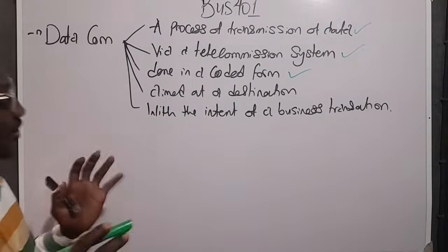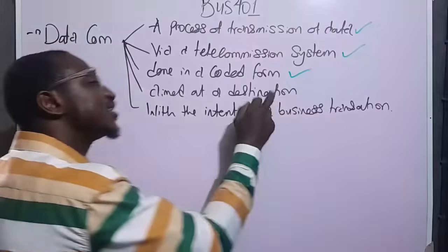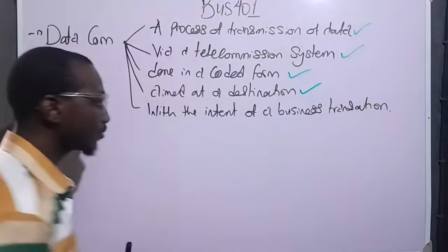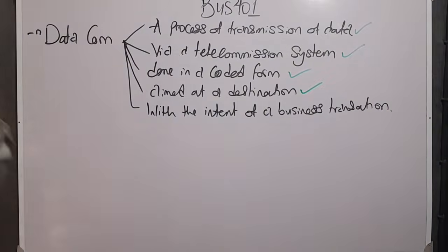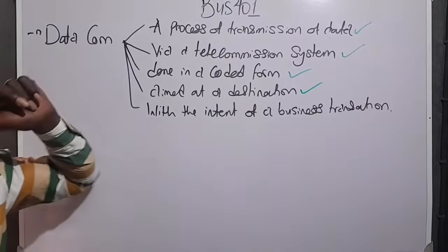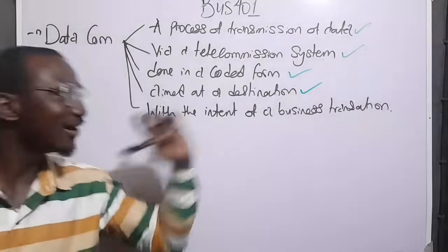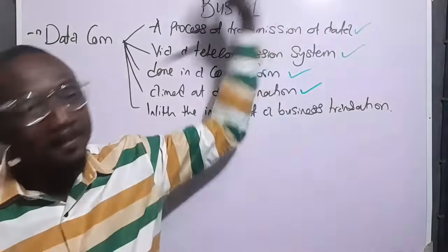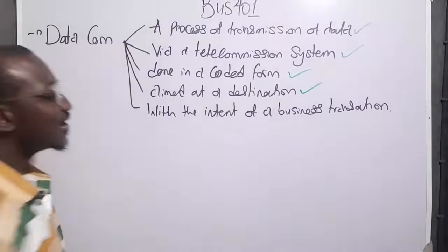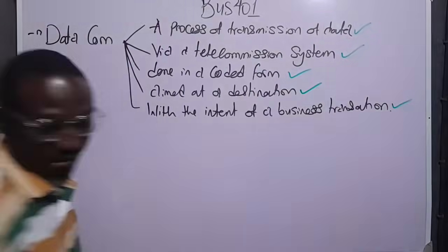This coded form can only be decoded by the destination. It is aimed, this is the purpose, and here is the receiver, the destination. And what is the all and sundry of the data you are transmitting? Business transaction. And that's all.